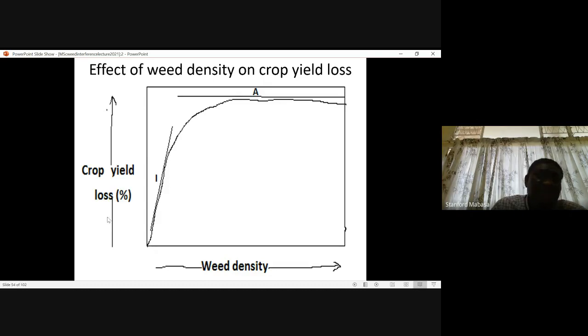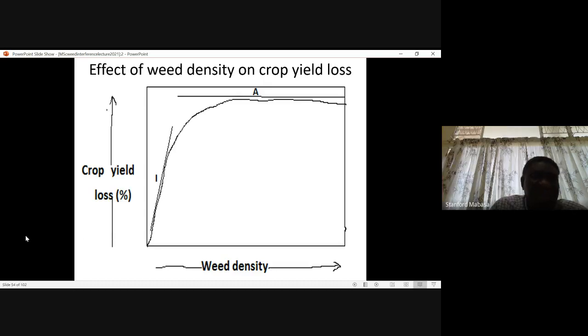But according to this graph, as a manager, you have to find out the percentage of yield loss which the farm or estate is comfortable with.